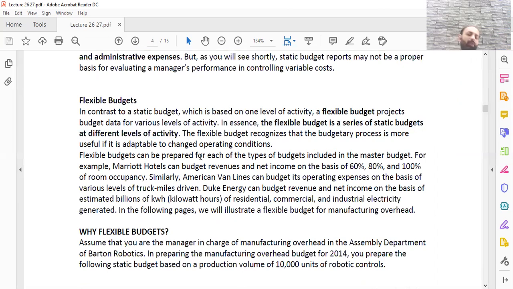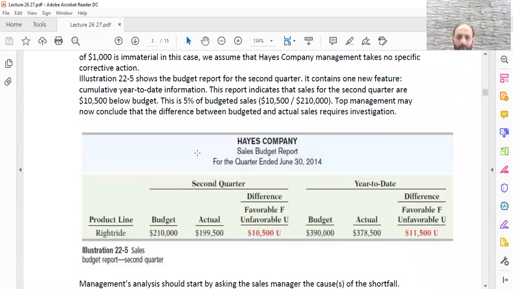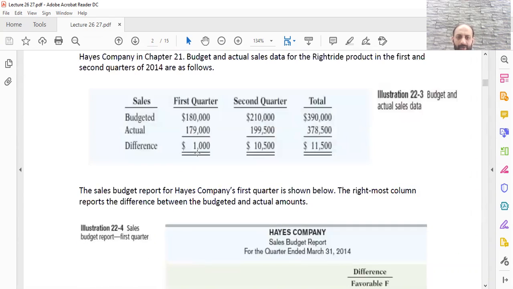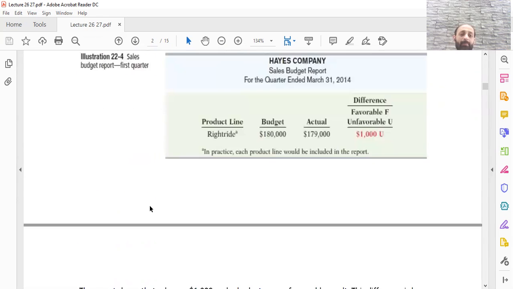For example, if you remember, we said initially that our budgeted output for the first quarter was 180,000. Now that is one level of budgeted activity. If you have more than one level of budgeted activity, that becomes a flexible budget.